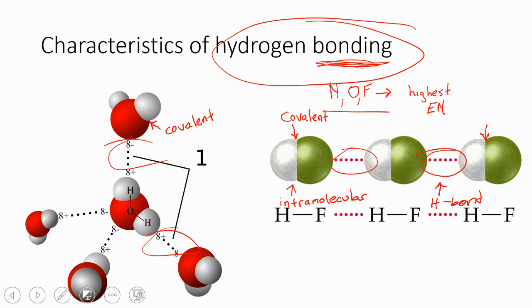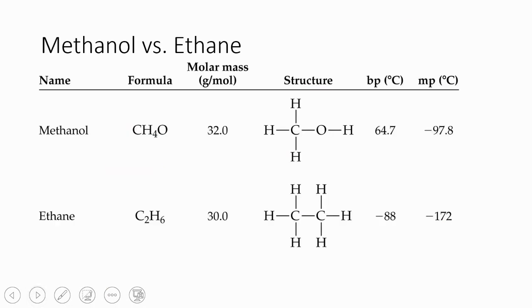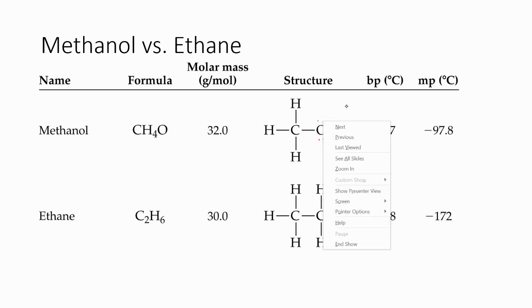We just need to look out for N, O, and F. And when we do that, we see some dramatic properties. Take a look at these two molecules. We've got ethane on the bottom, and we've got something called methanol on the top. Methanol has one hydrogen that is capable of making a hydrogen bond. We wouldn't say that it is a hydrogen bond; we would say that it's capable of making a hydrogen bond.